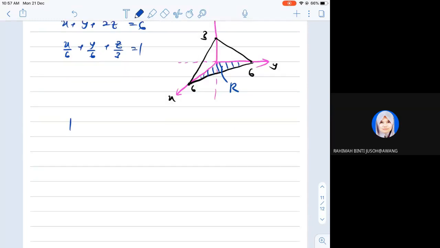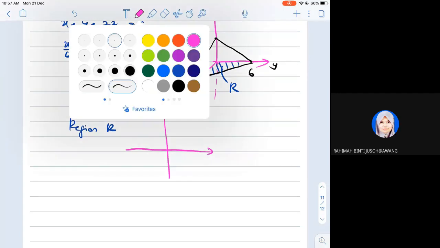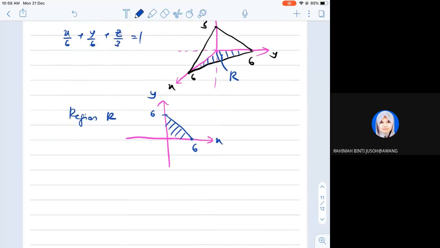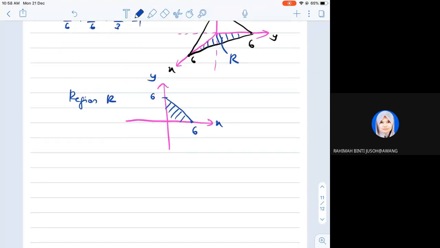So if we sketch region R, with x equals 6 and y also equals 6, we have this region. This line is represented by x over 6 plus y over 6 equals 1.